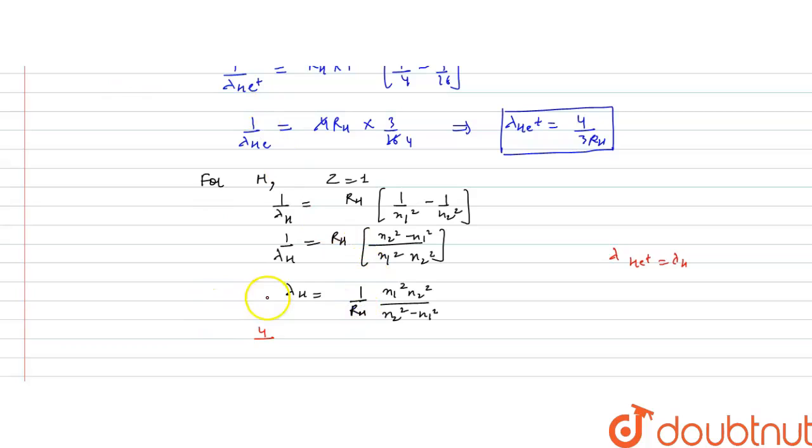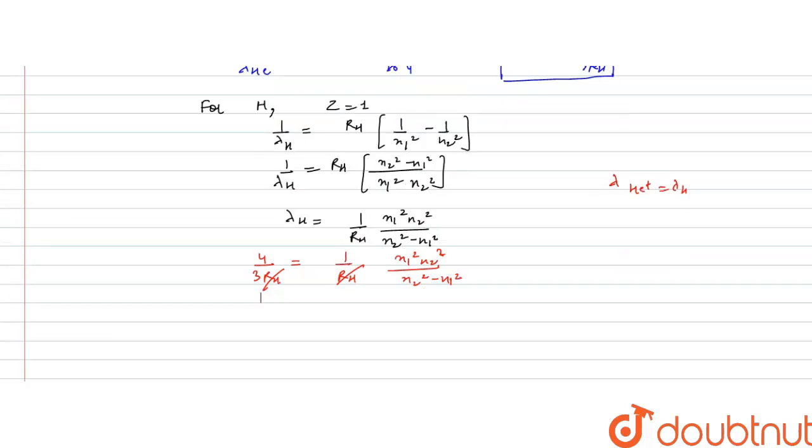Now if we put lambda H equal to lambda helium positive, that will be 4 by 3 RH equals 1 upon RH into n1 square n2 square upon n2 square minus n1 square. So this RH is cancelled by RH. Now we have n1 square n2 square divided by n2 square minus n1 square is equal to 4 by 3.